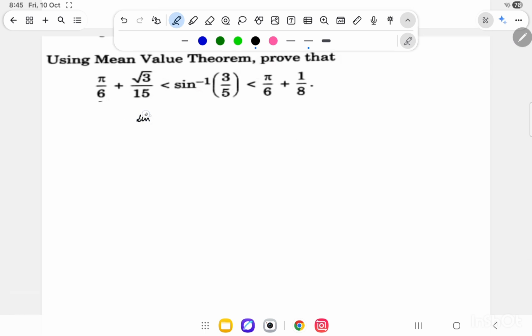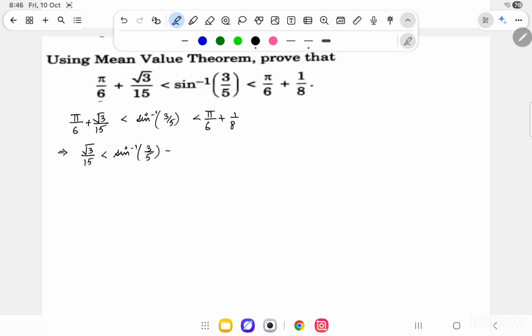It is given to us that sine inverse 3 by 5 is less than or equal to pi by 6 plus 1 by 8 and greater than or equal to pi by 6 plus root 3 by 15. So from here I will get root 3 by 15 less than or equal to sine inverse 3 by 5.